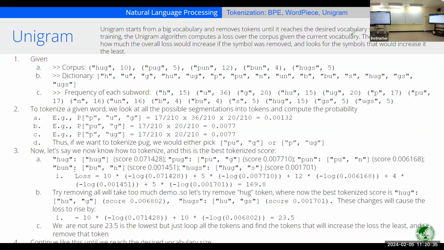I already did it for PUG for you. You guys go do the other ones, and tell me which one has the highest probability.